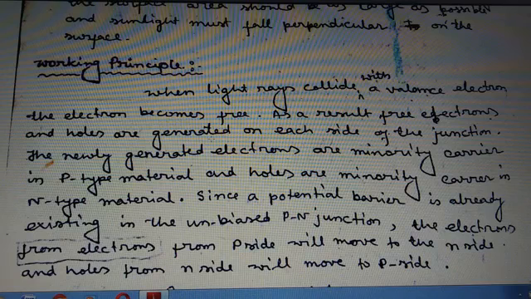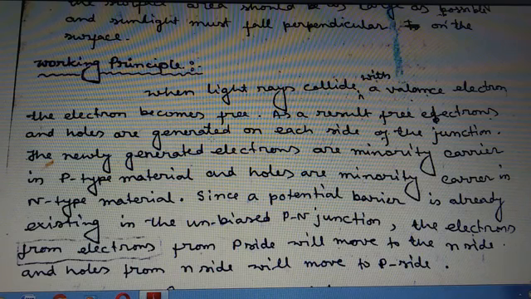Now the newly generated electrons are the minority carriers in the p material, and the holes are the minority carriers in the n-type material. Since the potential barrier already exists in the unbiased p-n junction, the electrons from the p side will move to the n side, and holes from the n side will move to the p side.